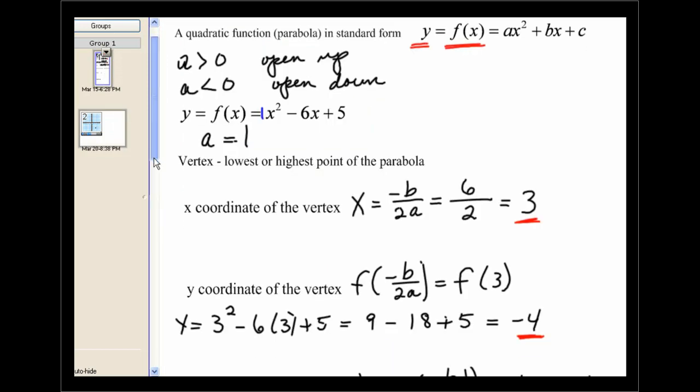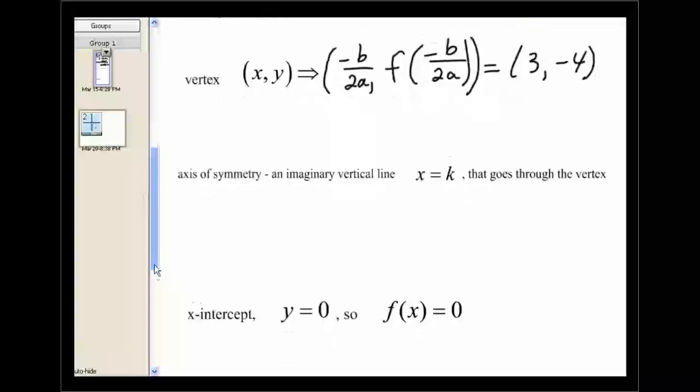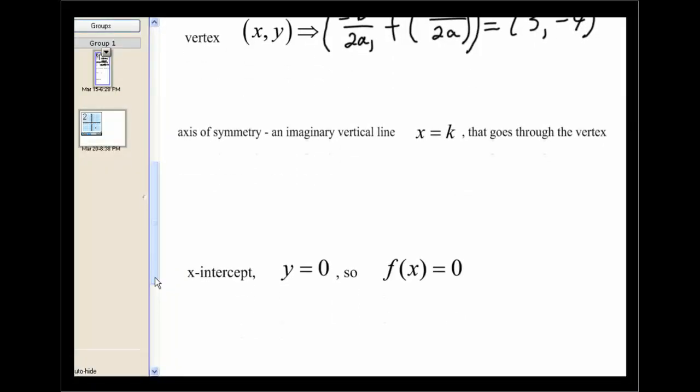All right. The next thing we're going to find is the axis of symmetry, which is an imaginary vertical line, x equals k, that goes through the vertex. So since the x-coordinate of the vertex is the opposite of b over 2a, that is the equation of our axis of symmetry.